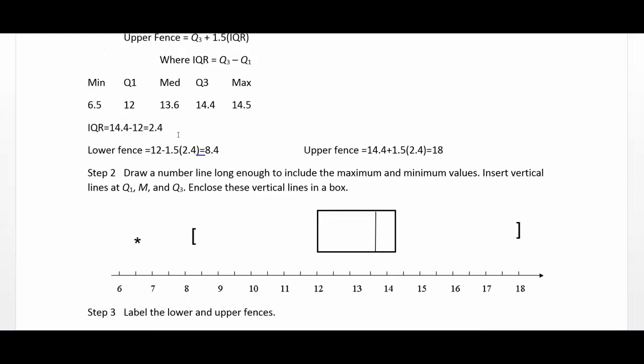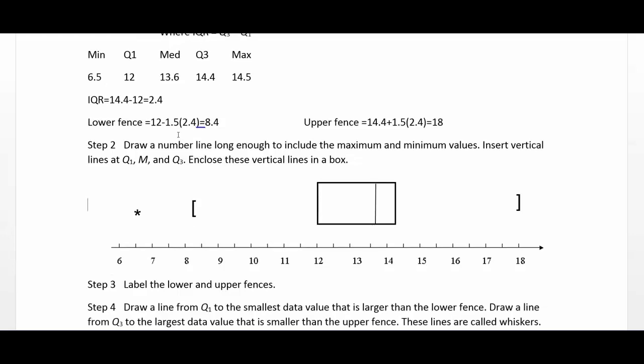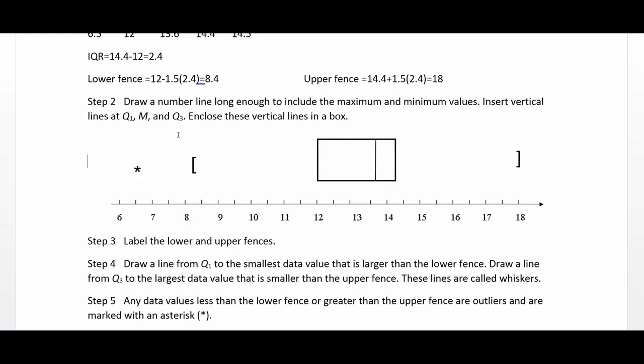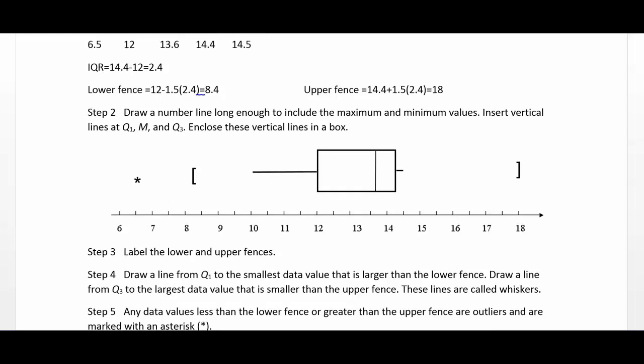Okay, and then from here, we're going to draw what's called a whisker. A whisker is any line that we extend to any data within the fences. We're just going to connect with a horizontal line of some kind. Okay, so just the thing to point out here, we had one value that was larger than Q3 at 14.5.